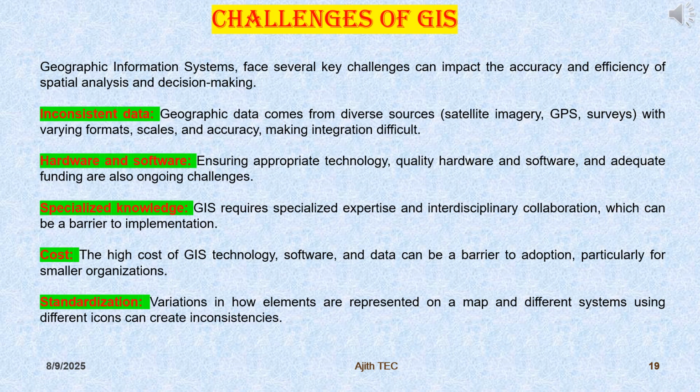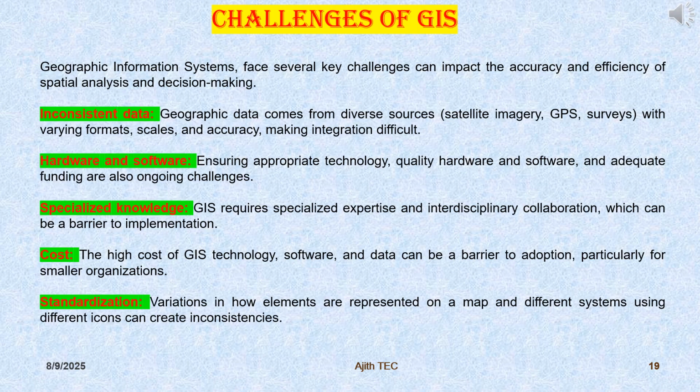Geographic information systems face several key challenges that can impact the accuracy and efficiency of spatial analysis and decision-making. Inconsistent data. Geographic data comes from diverse sources: satellite imagery, GPS, surveys, with varying formats, scales, and accuracy, making integration difficult. Hardware and software. Ensuring appropriate technology, quality hardware and software, and adequate funding are also ongoing challenges.